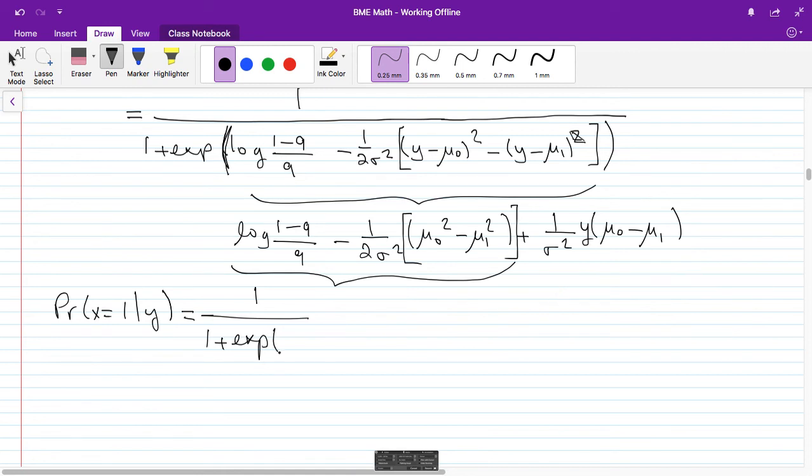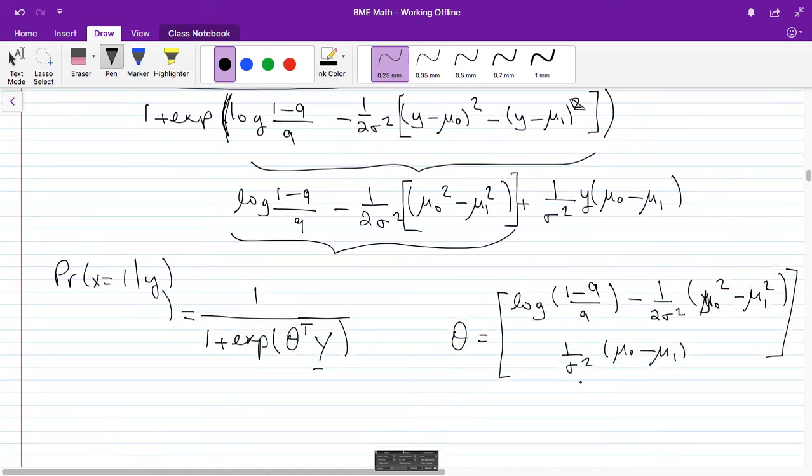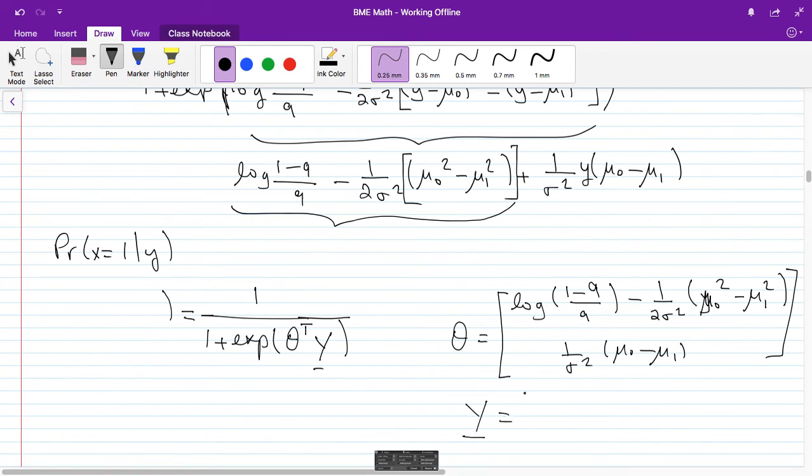So I'm going to write it as some parameter theta transpose times some vector y, where this parameter theta is going to be log of 1 minus q divided by q minus 1 over 2 sigma squared times mu 0 squared minus mu 1 squared, and the second term is 1 over sigma squared times mu 0 minus mu 1, and then this data that I've seen, y, is 1 and y.